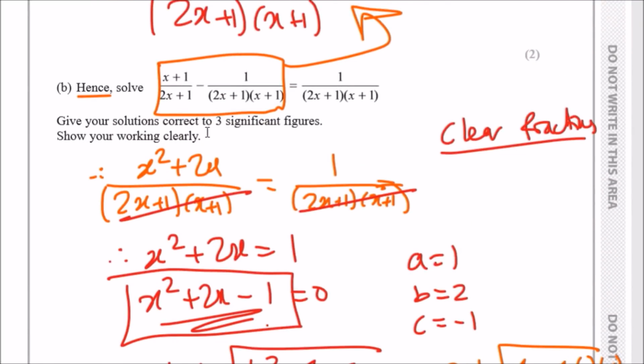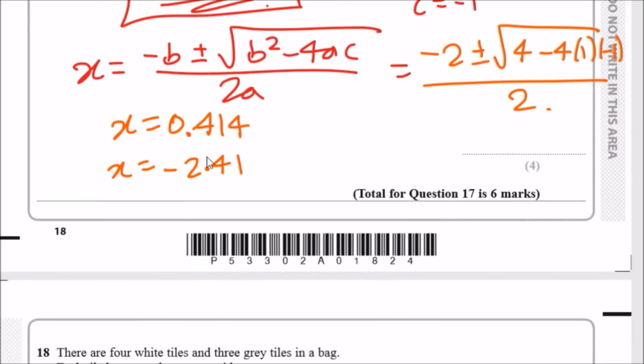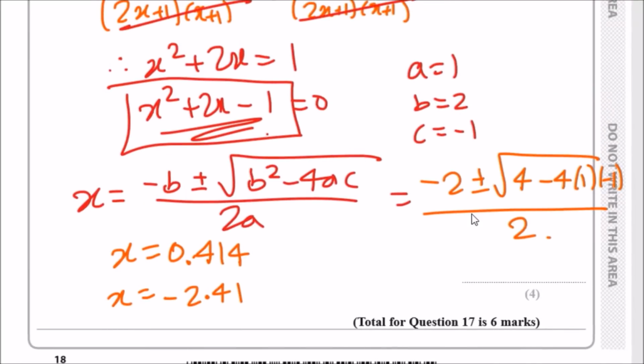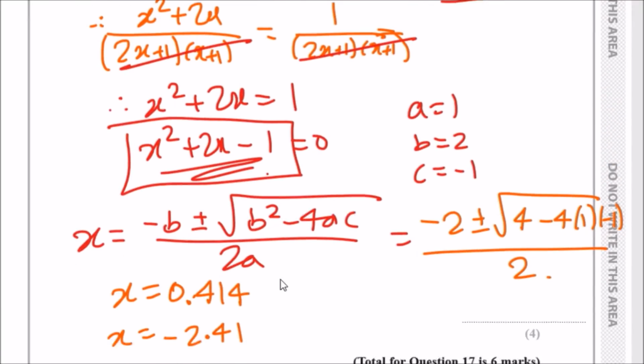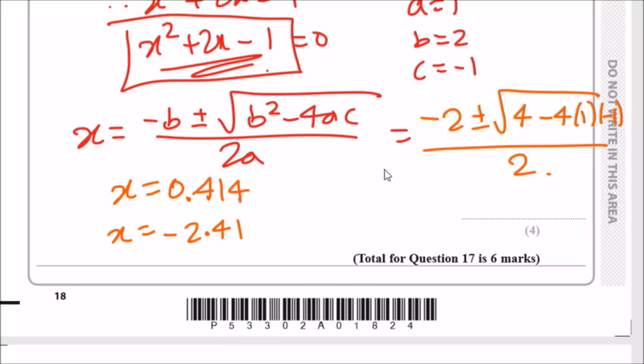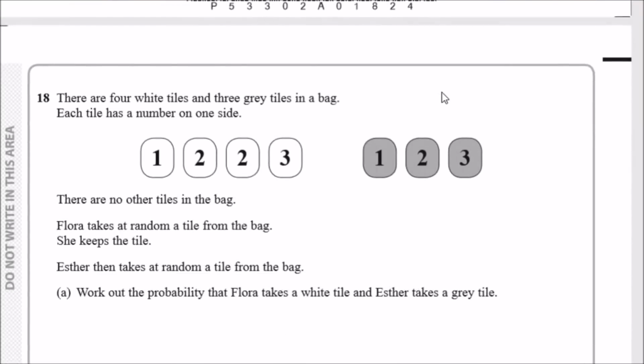And give your solutions correct to 3 significant figures. Yep, that's it. So this should be your final result. So just have a go with your quadratic formula, plug it in properly, and just smash it in the calculator. It should be fine. Alright, let's move on.